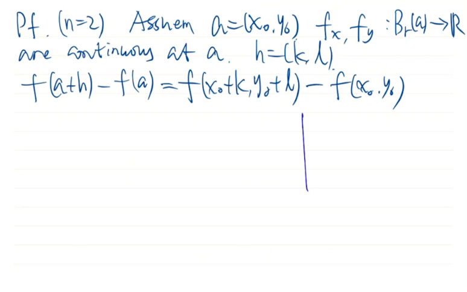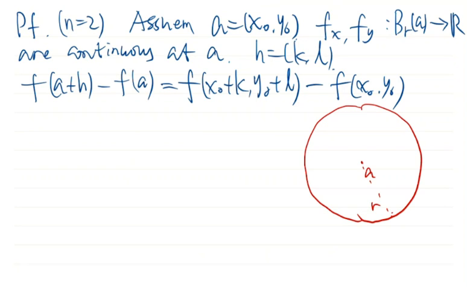So this is (x0, y0). We consider a small rectangle. Here is (x0 + k, y0).